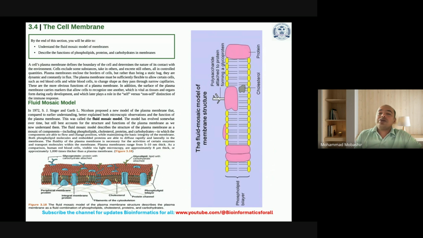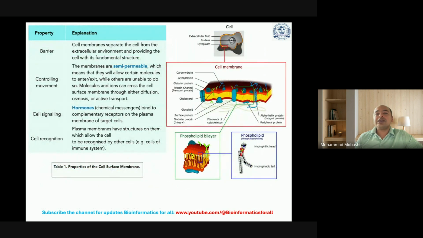So first you need to understand this structure, which is a simple form of the fluid mosaic model for the plasma membrane. If you understand this, then go to this part, and you can understand the real perspective of the cell membrane and its compositions.